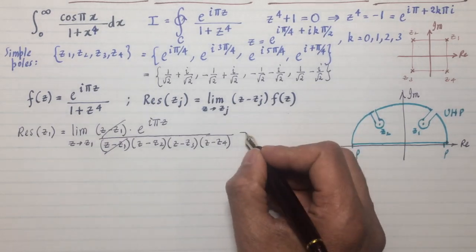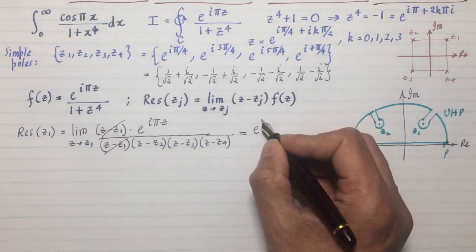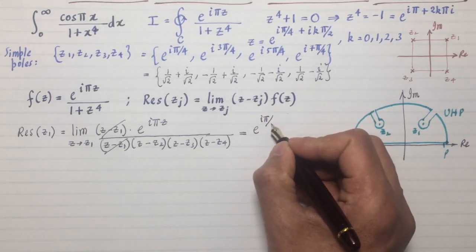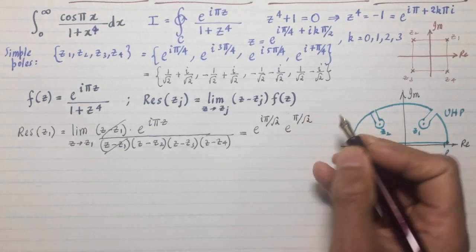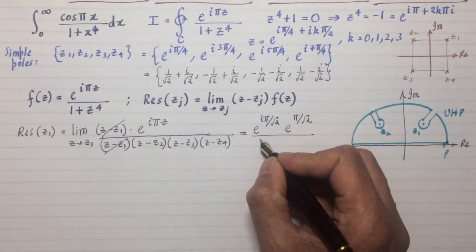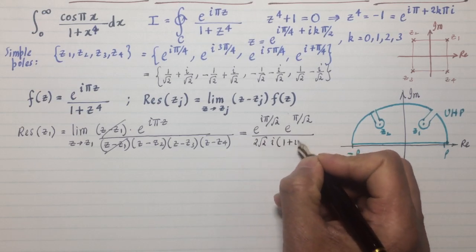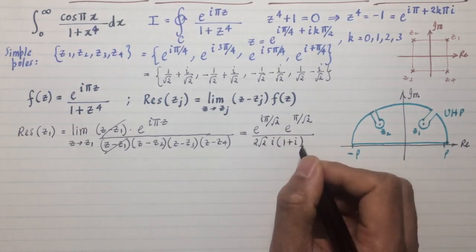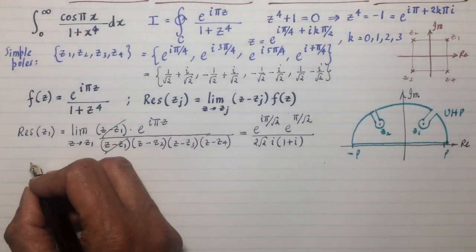And I won't go through the details. You should try this on your own. You will get the answer e to the i pi over root 2, e to the pi over root 2, over 2 root 2 i times (1 plus i). It is a little bit of work to get to this answer, but it's just straightforward algebra.